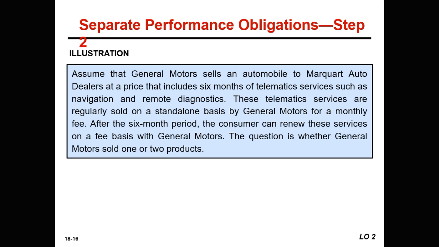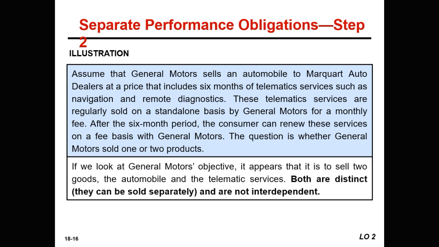And you don't have to have this specific vehicle to get those telematics services. So if we look at General Motors' objectives, it appears that it is selling 2 goods. Both are distinct and they can be sold separately, and they are not interdependent of each other.